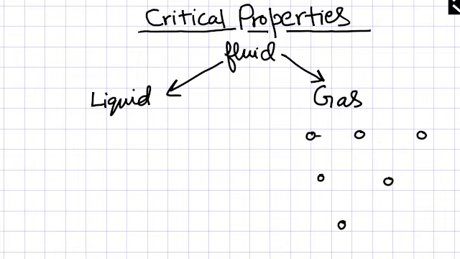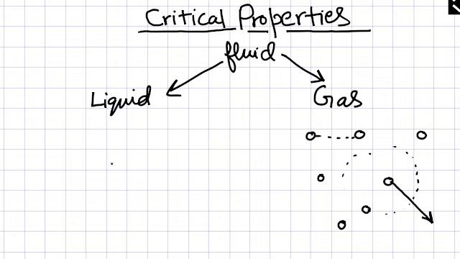This intermolecular distance is large in gas. Suppose this molecule is going to this side, so it will keep on moving, because in its vicinity there are no molecules to attract it so that it can come back.